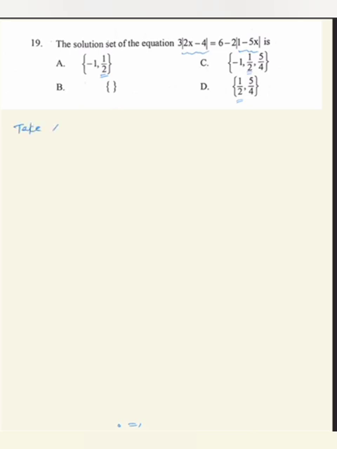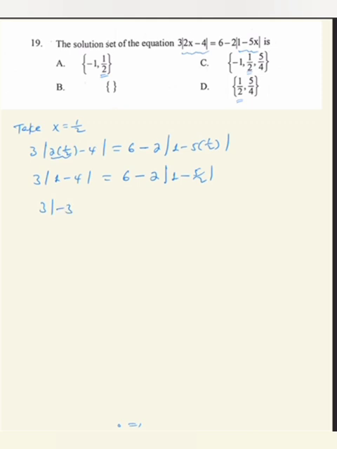Okay, so take x is equal to 1 over 2 and substitute in the equation. 1 over 2 substitute እናደርግ: 3 into 2 times 1 over 2 minus 4 is equal to 6 minus 2 times 1 minus 5 times 1 over 2. Okay, so ይሄ ምንድነው የሚሆነው? 3 times 2 times 1 over 2 is 1. 1 minus 4 is equal to 6 minus 2 times in the absolute value 1 minus 5 over 2. Okay, here 3 times absolute value of minus 3 now.